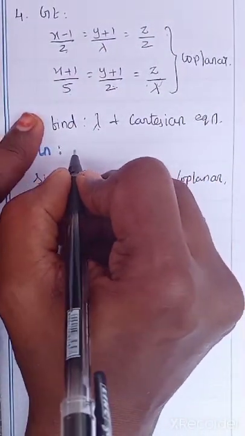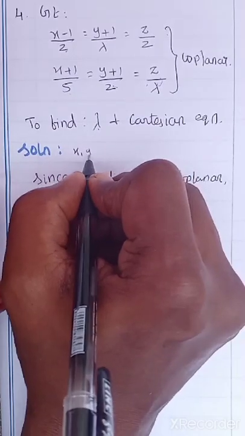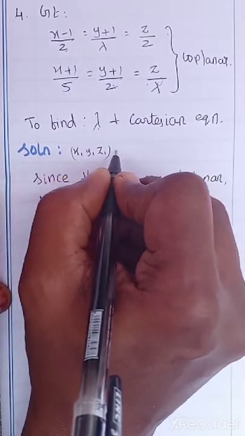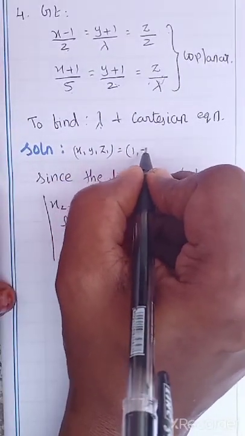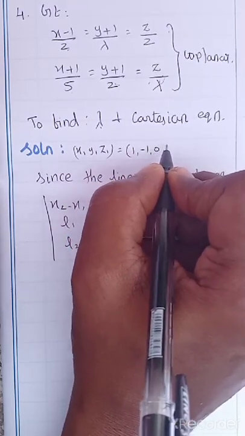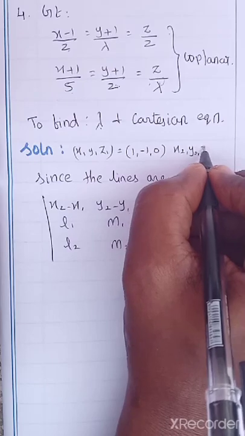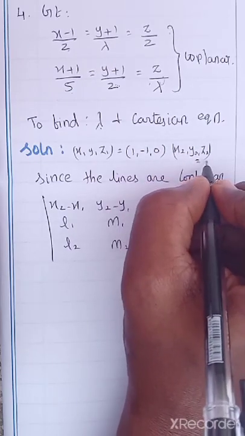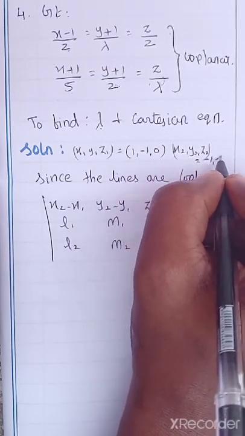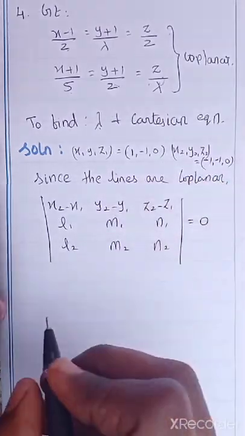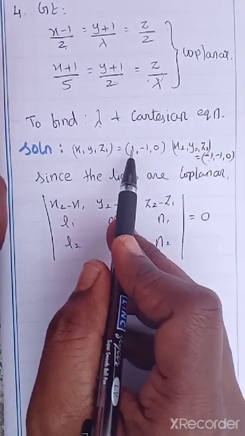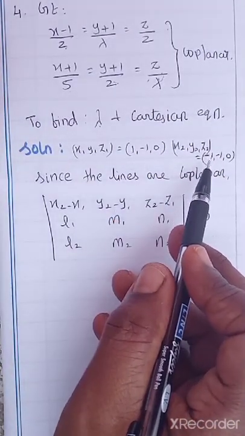So your x1, y1, z1 is what? 1 minus 1, 0. Next, x2, y2, z2 is minus 1, 0. Okay, now x2 minus x1. So this we will get.